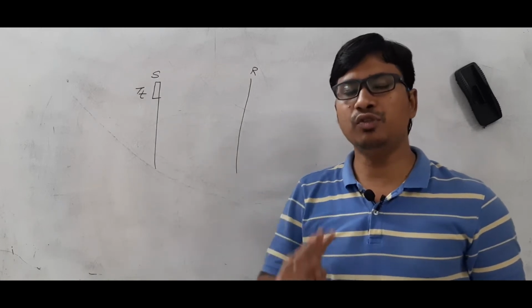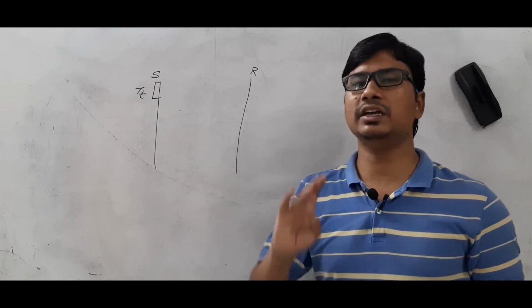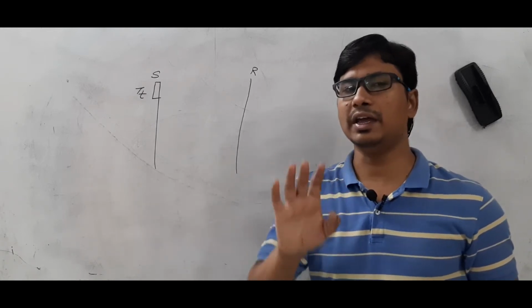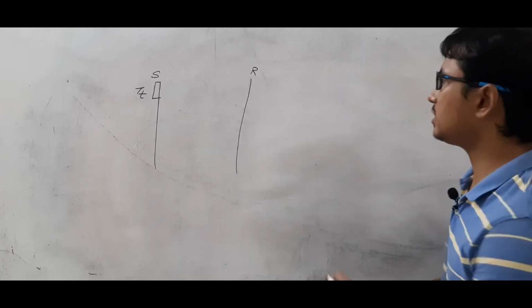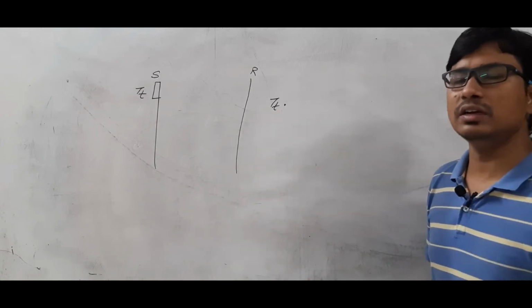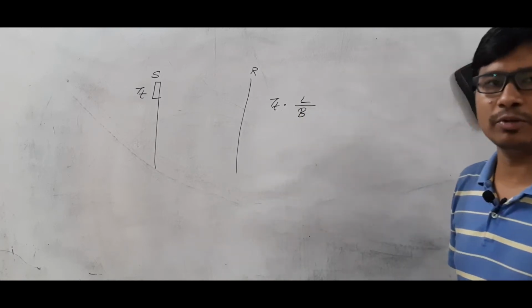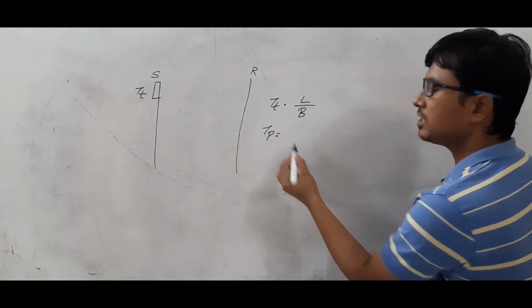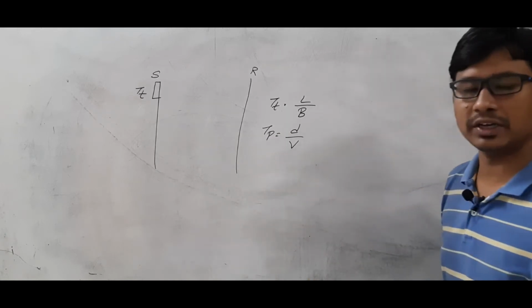We have 4 delays: transmission delay, propagation delay, processing delay and queuing delay. In one of my videos I have explained these 4 delays in detail. Transmission delay is the time to keep the packet on the link, so it is L by B, the length of the packet by the bandwidth. And propagation delay is equal to distance by velocity.